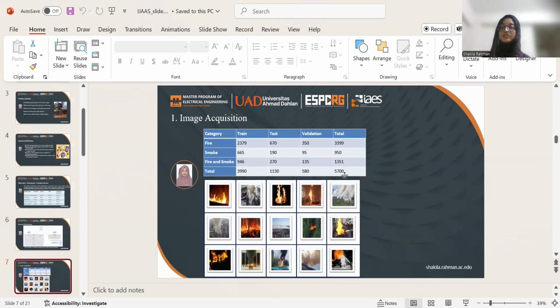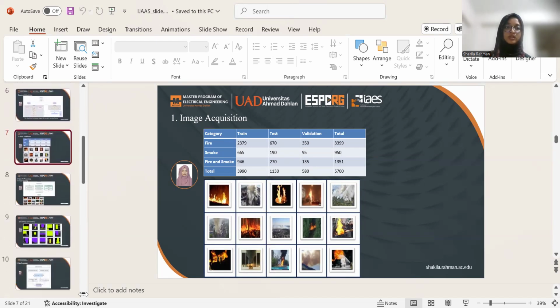These are some sample images collected from different sources, where smoke and fire are both considered.